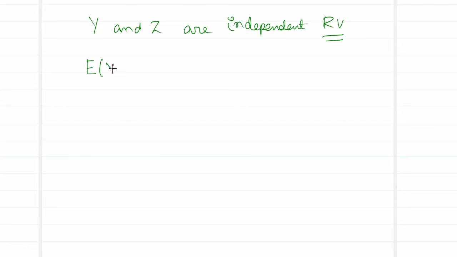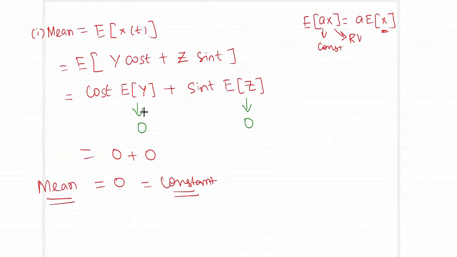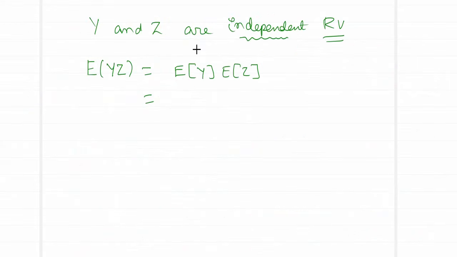In which case, what will be E of YZ? E of YZ can be written as E of Y product E of Z. So this will become separate components since it is going to be independent in nature. Now, what do we know about E of Y? From our previous stage, we know that E of Y is 0 and E of Z is 0. So, this gives me 0 into 0. So, expected value of YZ turns out as 0.